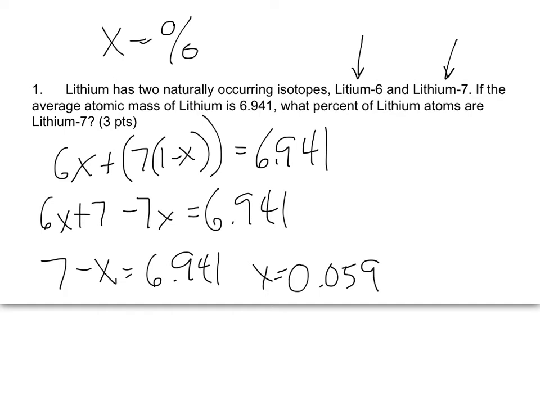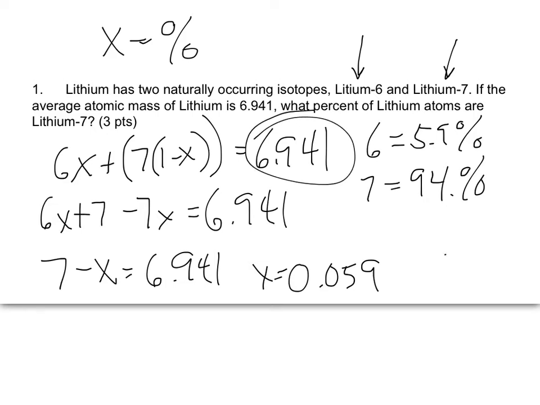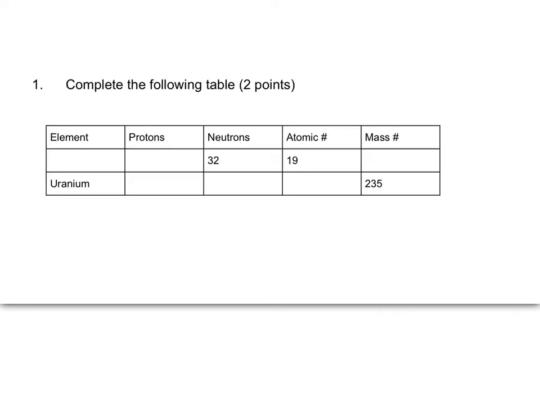If you convert 0.059 to a percentage, that tells you that isotope 6 is 5.9% and isotope 7 is 94.1%. And that would make sense, since the average atomic mass is much closer to 7, that it should be the majority of the isotopes.